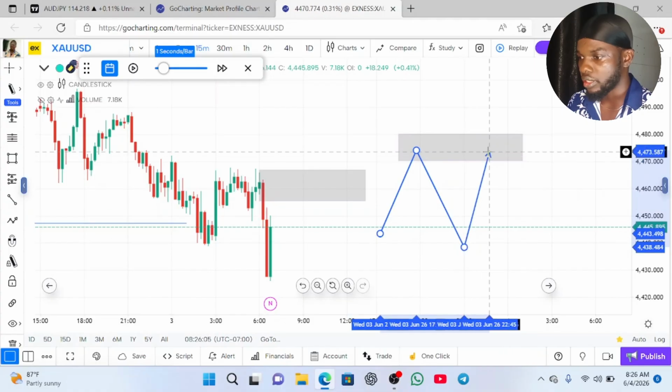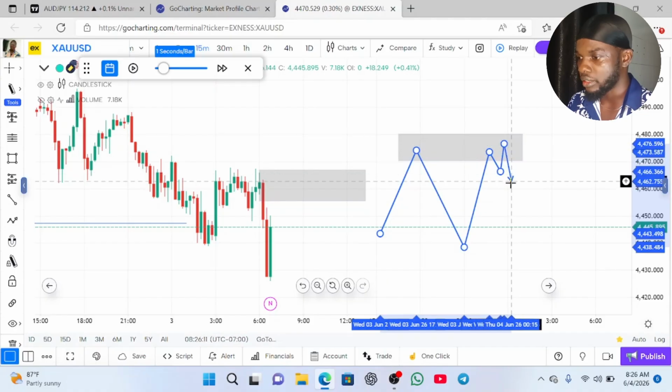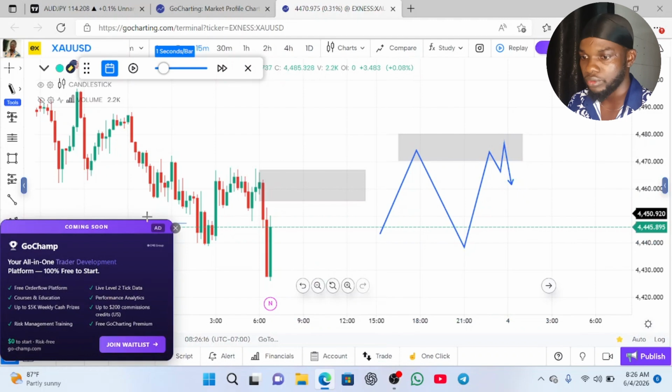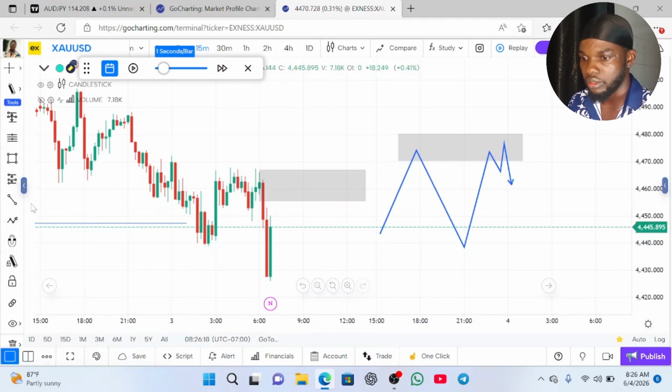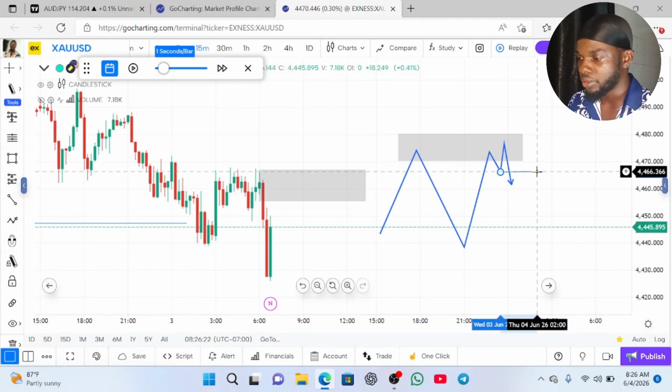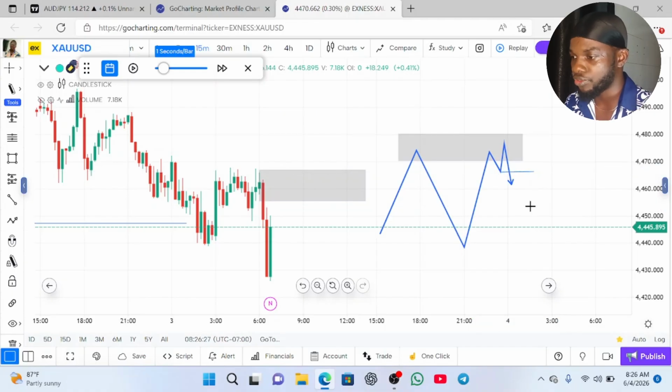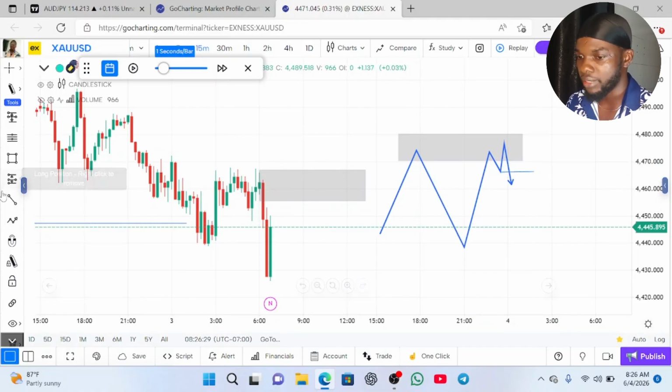So I'll wait for the market to come and tap in this zone, then I'll wait for it to break structure, then come down and change character. And once something like that happens, then I will mark out a key level. The key level is when two candles have equal closing and opening of a different candle, whether buy or sell candles.